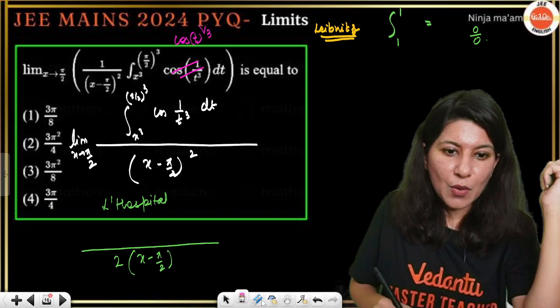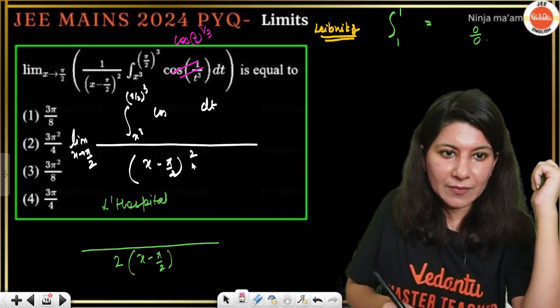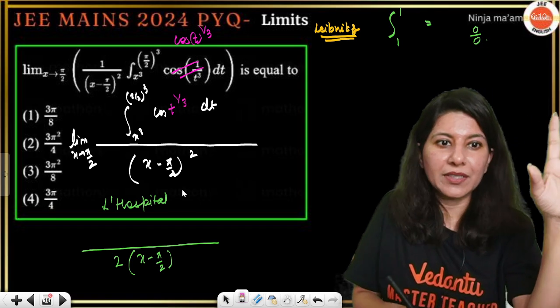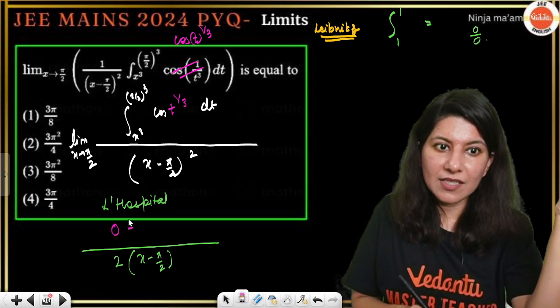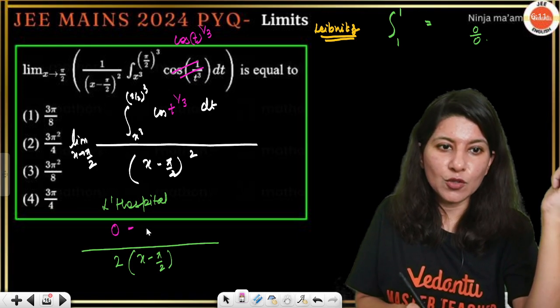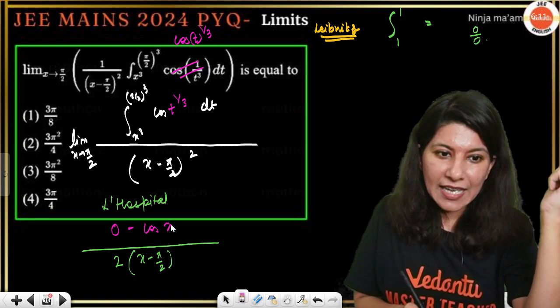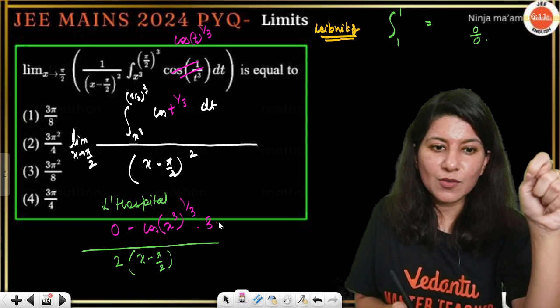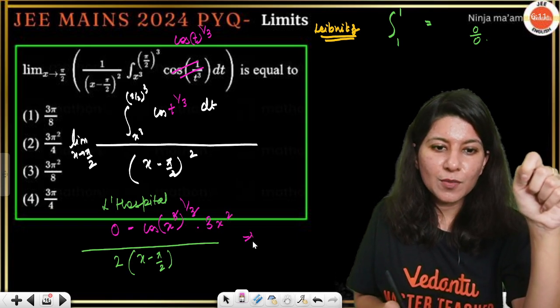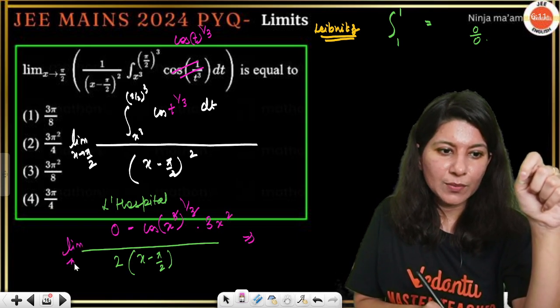Yes, cos of t raised to power 1 by 3. Now do it. So 0 again, minus. Replace t by what? x cube. So cos of x cube power 1 by 3, and differentiate the lower limit to get 3x square. That's it. And limit x tends to pi by 2 is there.